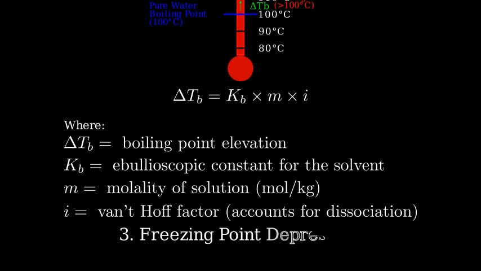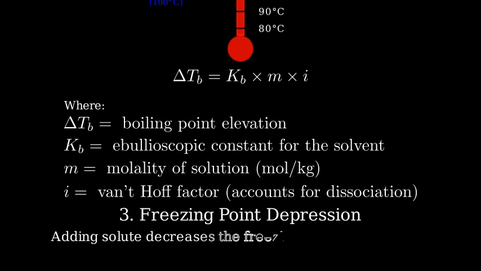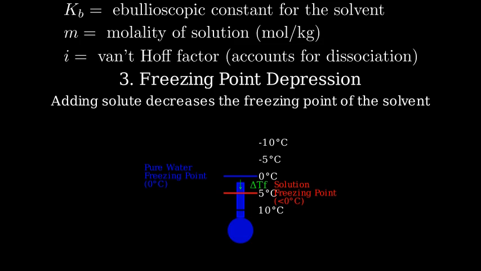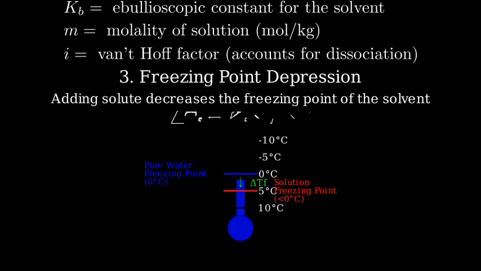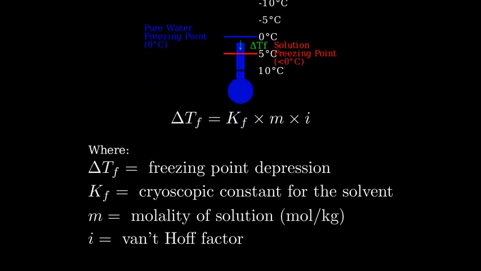Now, let's discuss freezing point depression. When solute particles are added to a solvent, the freezing point of the solution decreases. The solute particles disrupt the formation of the crystalline structure of the solid solvent, making it more difficult for the solution to freeze. Similar to boiling point elevation, the change in freezing point is directly proportional to the molar concentration of the solute.